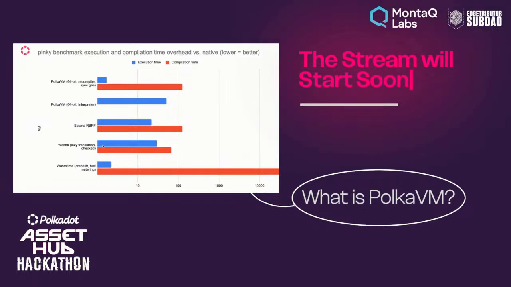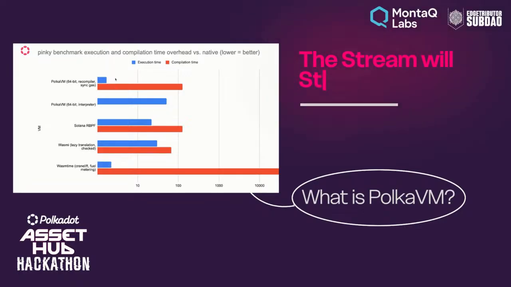WASMI is what the old contracts pallet, the WebAssembly-based contracts pallet, uses. And we also have Wasmtime here, which is what the parachain validation function uses. It's the state-of-the-art WebAssembly compiler, the state-of-the-art WebAssembly implementation.